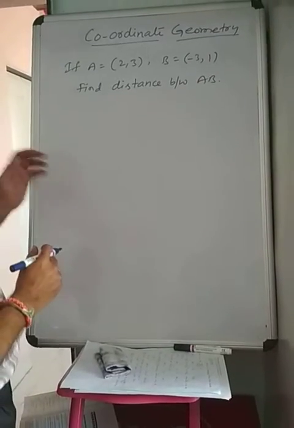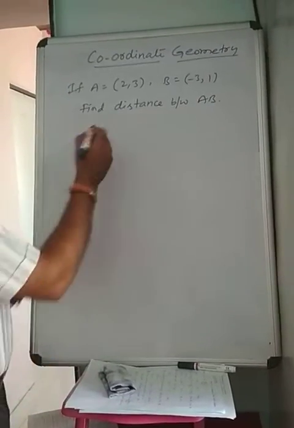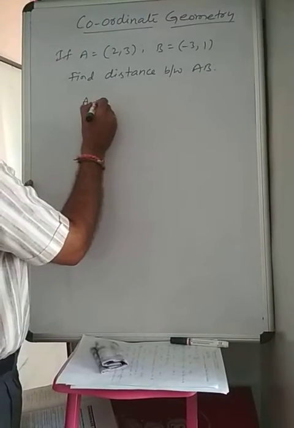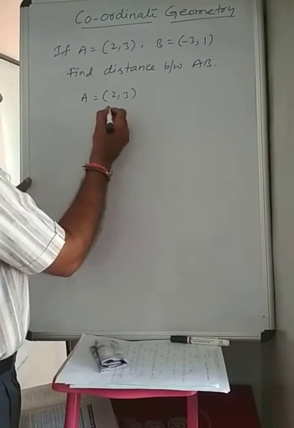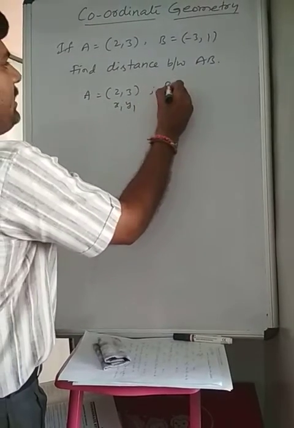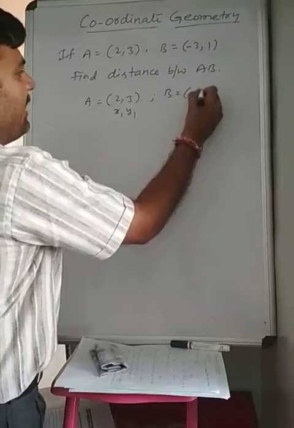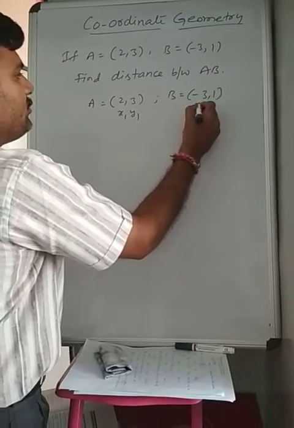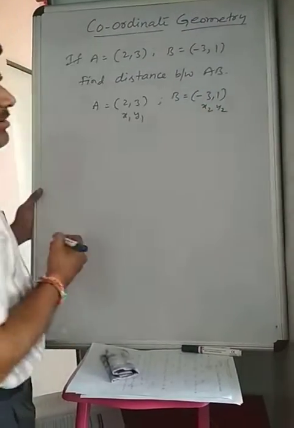So here I have point A and point B. A is equal to 2 comma 3; let us take this as x1 comma y1, and B is minus 3 comma 1; take this as x2 comma y2.